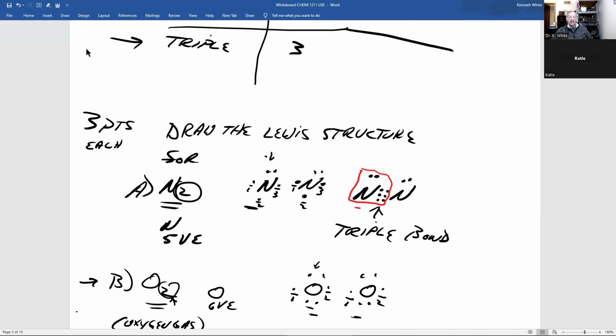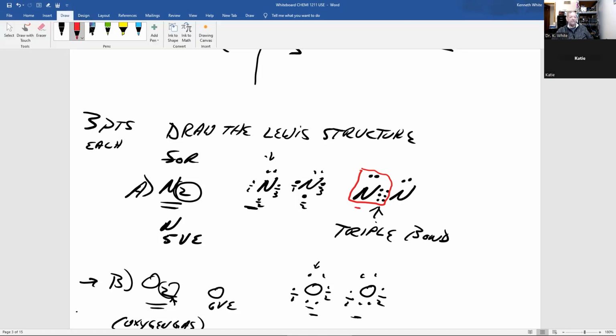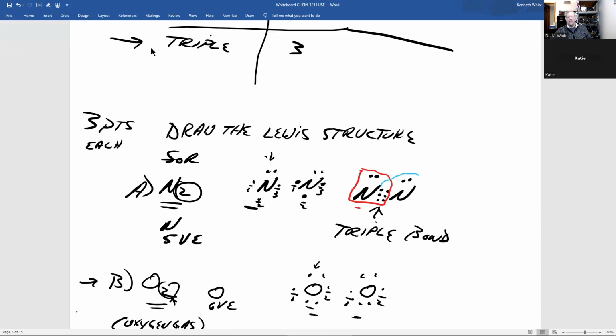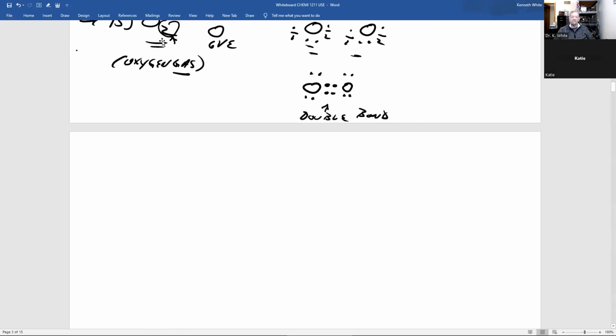This nitrogen has a total of 8 valence electrons, its own and shared. If we look at this nitrogen, it has 2, 4, 6, 8, both shared and non-shared pairs, non-bonded and bonded pairs of electrons. So both of those have the octet rule.